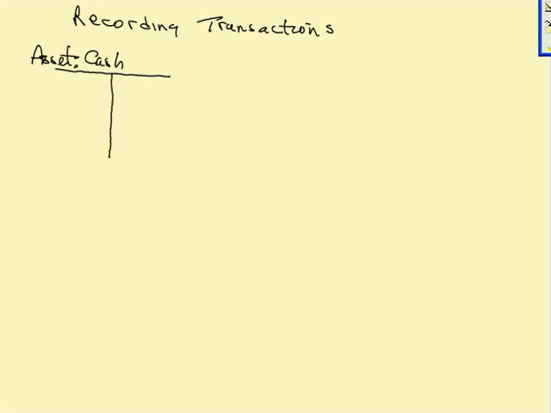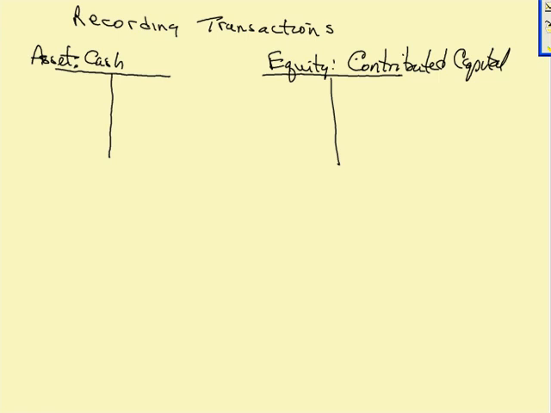And here's our T account for the cash account, and then the source of the money is an equity account called contributed capital. For your partnership, that account could also be called a partnership interest. That's another way of naming the account.